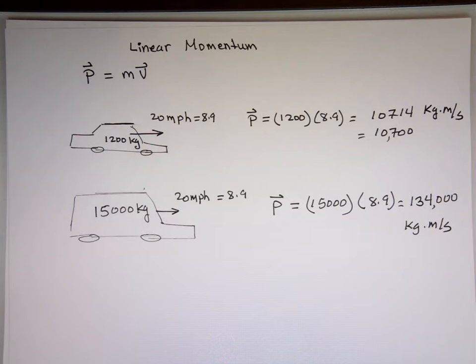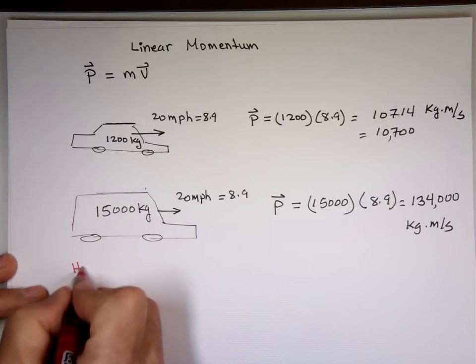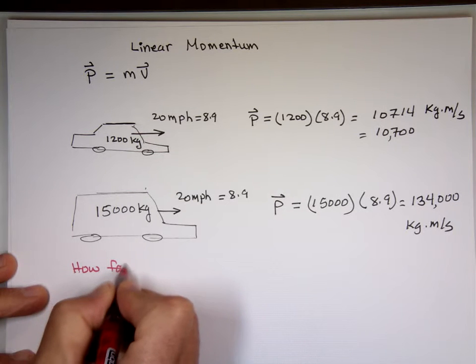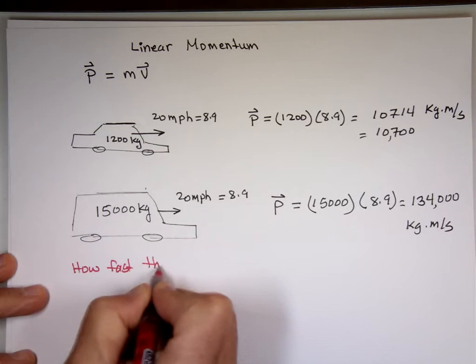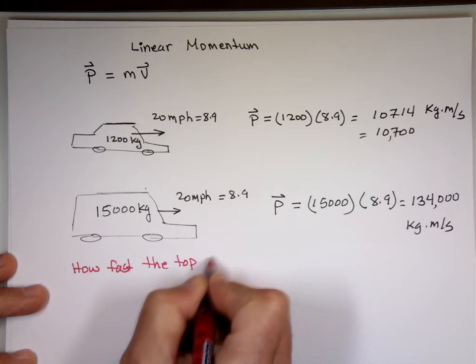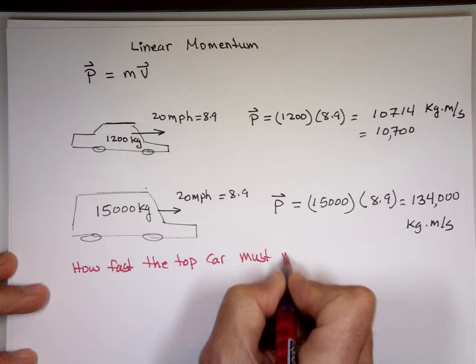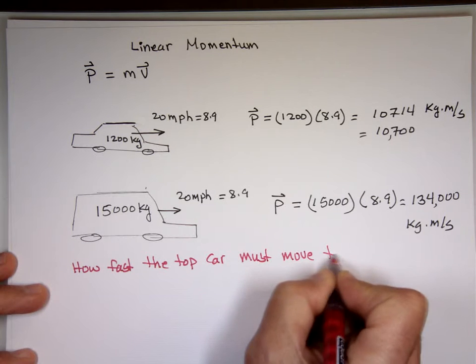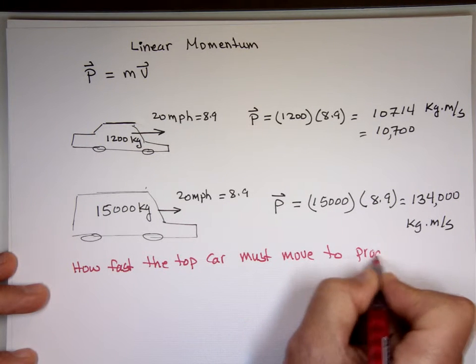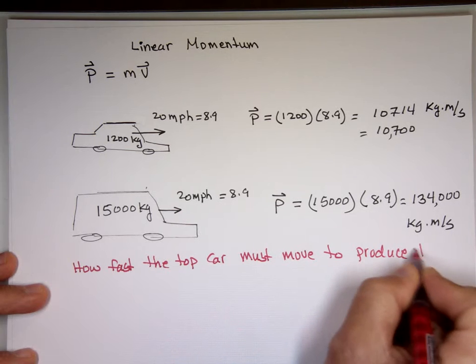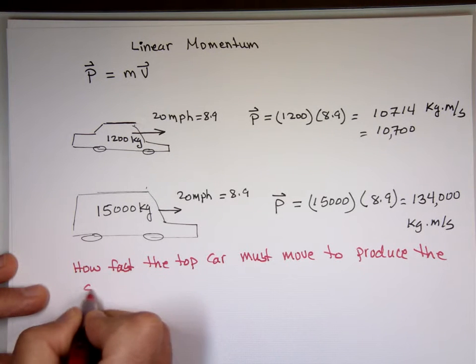Now let me rephrase the question, because people couldn't believe the damage their car had. How fast must the top car move to produce the same linear momentum as the truck?